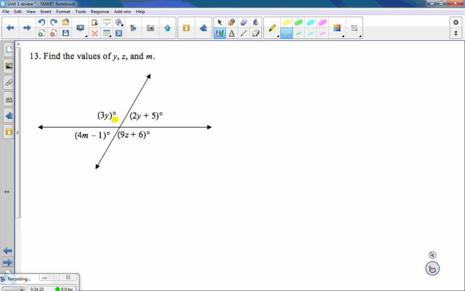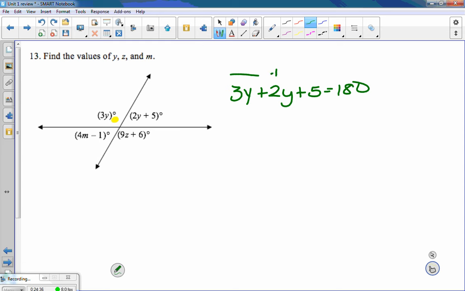So you just said those are supplementary. They equal 180. So let's solve for y. So let's plug this in. 3y plus 2y plus 5 is equal to 180. If you don't know, blank plus blank equals 180. Now, I got 5y plus 5 is equal to 180 degrees.